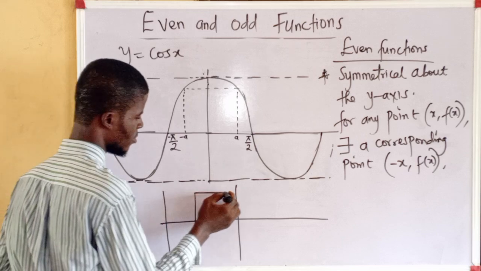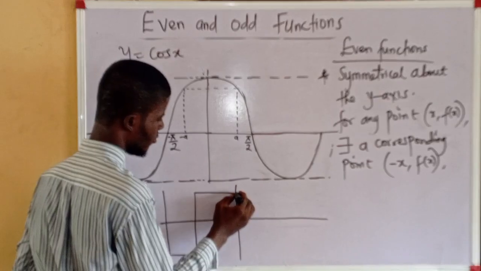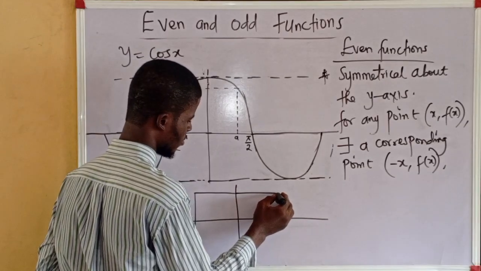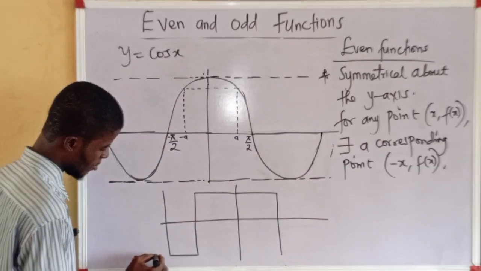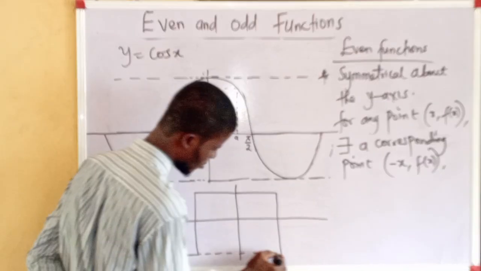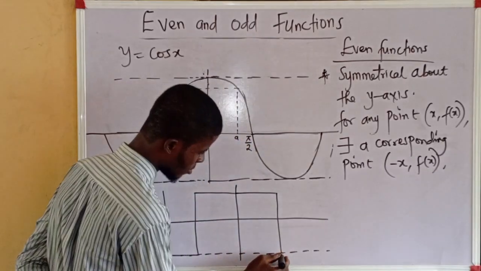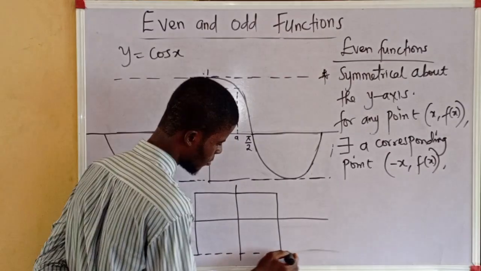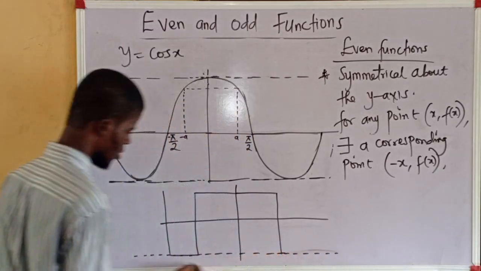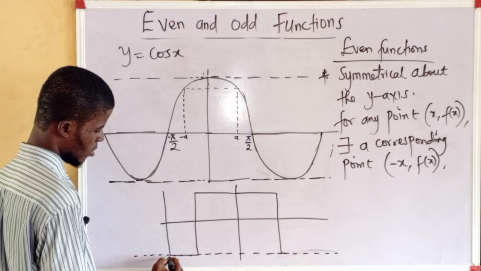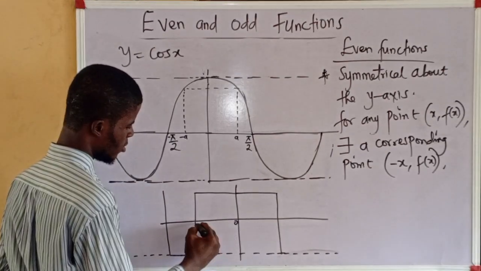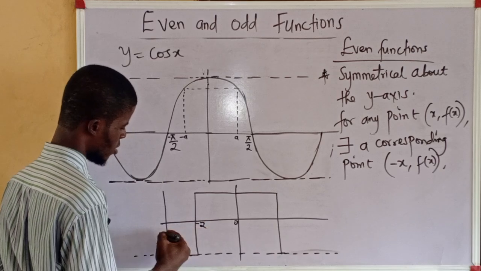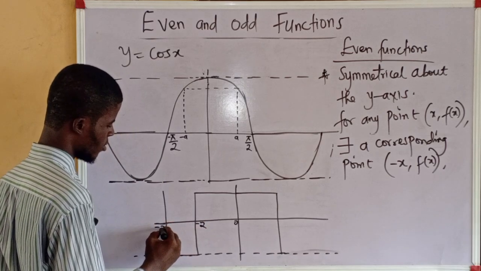Let's say this is 0, this is minus 2, let's say this is minus 3.